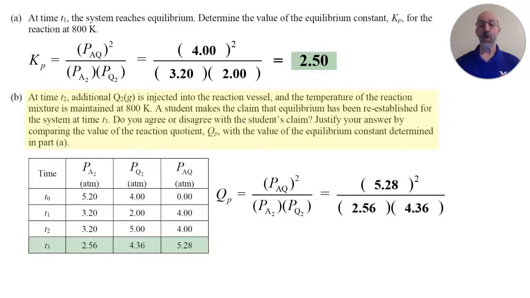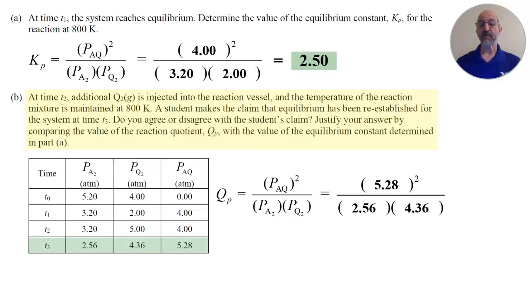Now, when I do this math on my calculator, if I get a numerical value that is not equal to 2.50, which was my answer for Kp for part A, then I would say that the system has not yet reestablished equilibrium. On the other hand, if when I do this math, I get a value of 2.50, then I would conclude that, yes, equilibrium has been reestablished for the system at time T3.